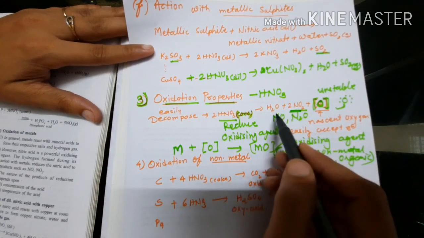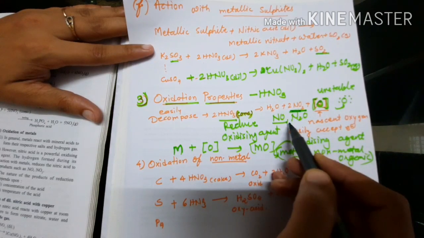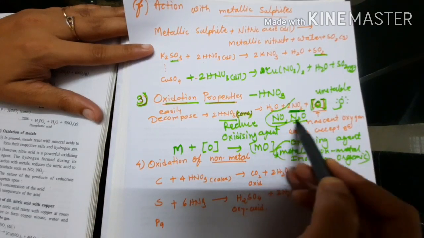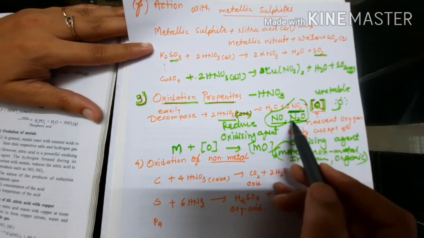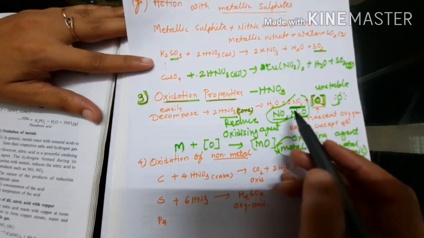If we take a particular temperature, we will get NO2. If we change the temperature, maybe we will get NO. If we change the temperature again, maybe we will get N2O. So this is the way these products will be formed.